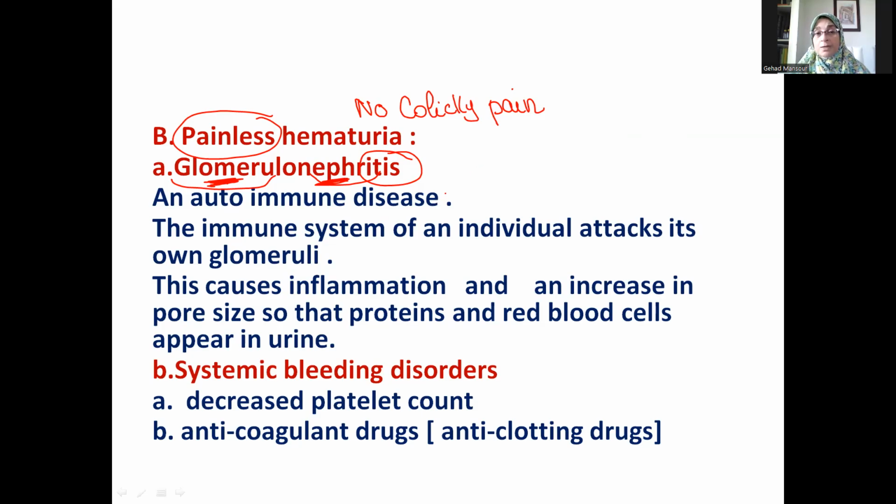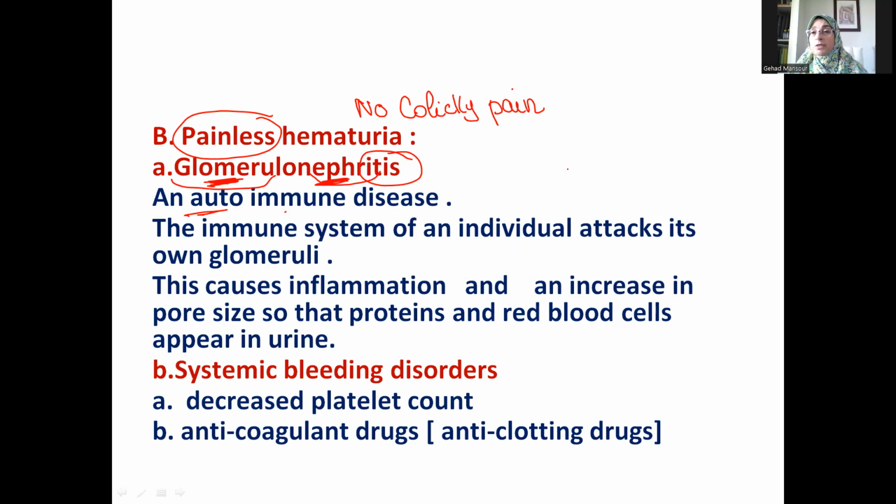And usually it is an autoimmune disease. And by autoimmune disease, auto means self. This means that your immune system is attacking you. Your immune system is attacking your own kidneys, and in particular, your own nephrons and glomeruli or glomerular capillaries.